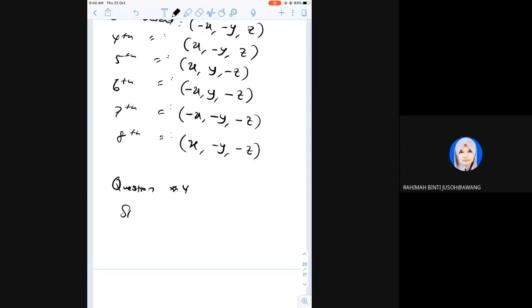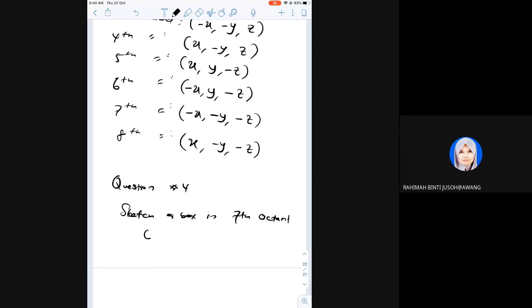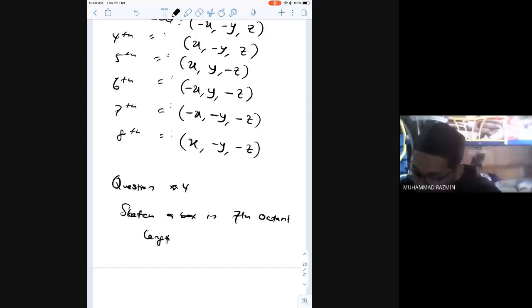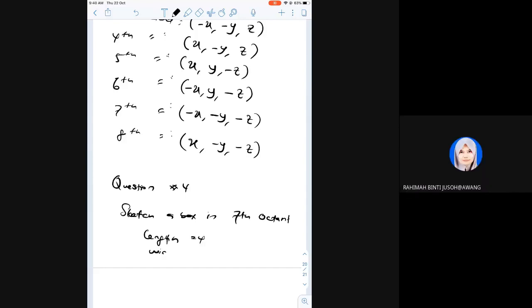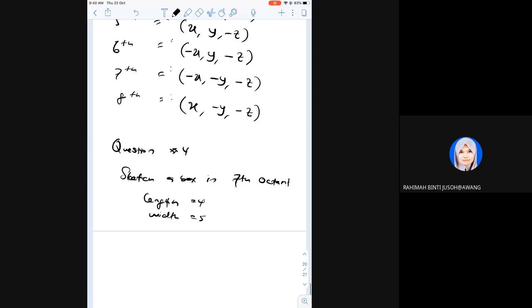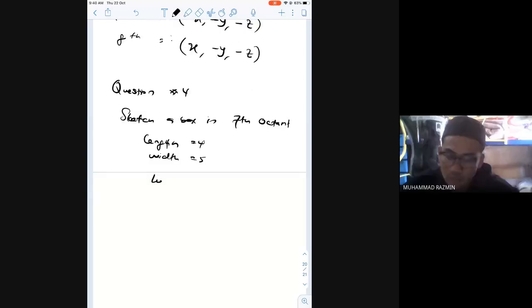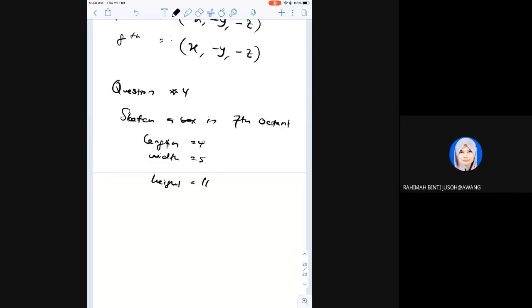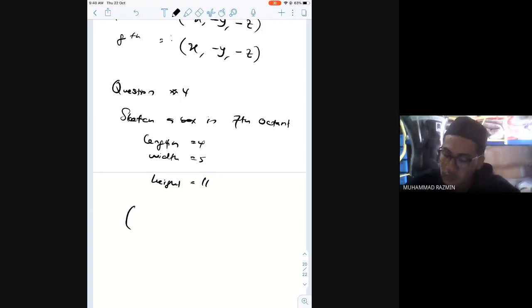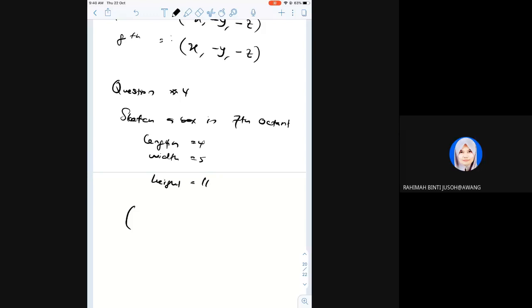Sketch a box in the 7 octant. Dia bagi length equals to 4, width equals to 5, and then height equals to 11. Okay guys, now 7 octant, the coordinate, you imagine 7 octant tadi di depan ke belakang?